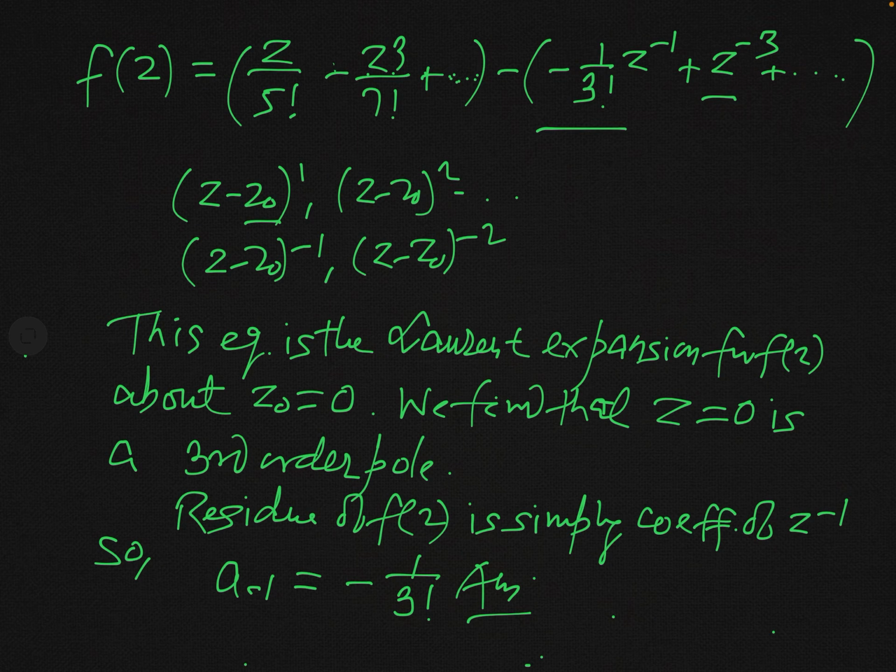and that gives actually a minus 1. So in this problem, in the principal part of the Laurent series, the coefficient of z to the power minus 1 is minus 1 over factorial 3, and in accordance with the definition of residue, this coefficient minus 1 over factorial 3 represents a minus 1, that is the residue of this function.